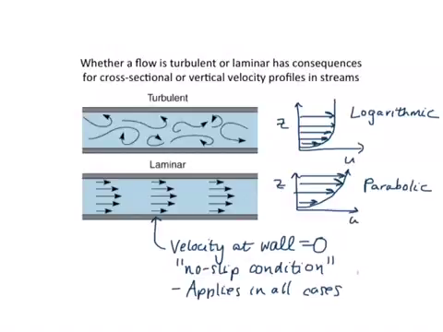But many equations for calculating discharge, many experimental methods for measuring discharge rely on the assumption that the flow is turbulent. Now, if the flow is turbulent and has one of these logarithmic velocity profiles like I've depicted here, then it turns out that the depth average velocity happens at 0.6 of the way down the water column.